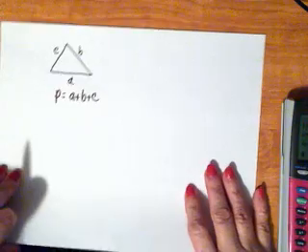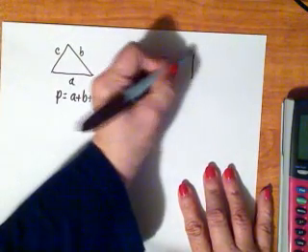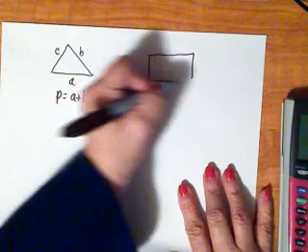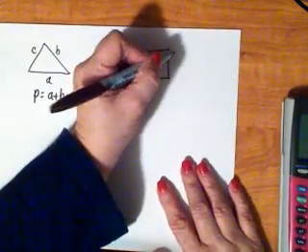The perimeter of a rectangle. A rectangle has length and width, or base and height, however you want to think of it.